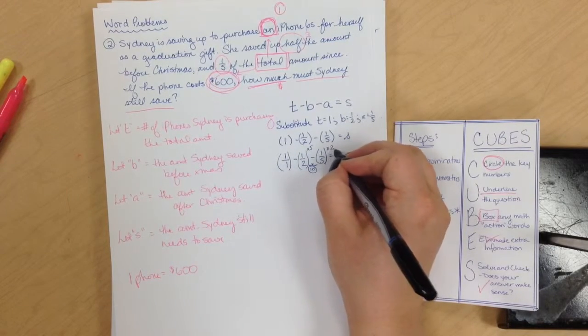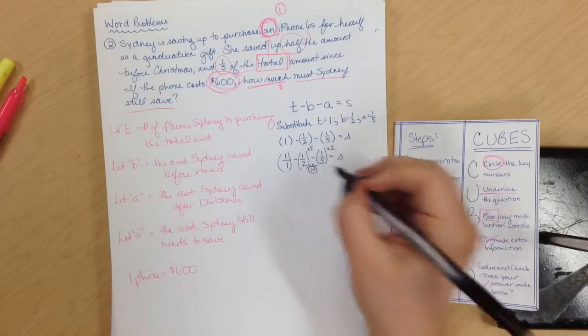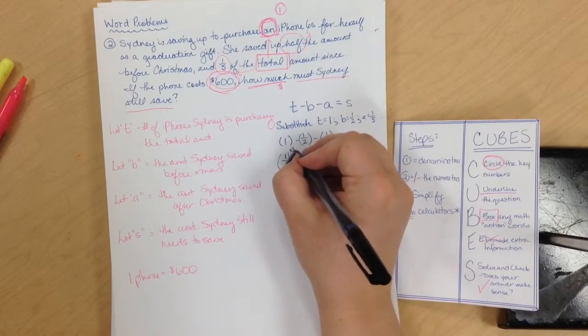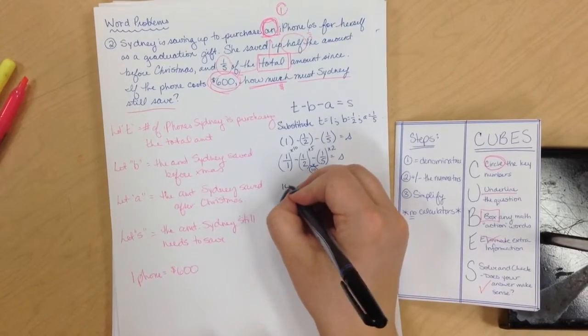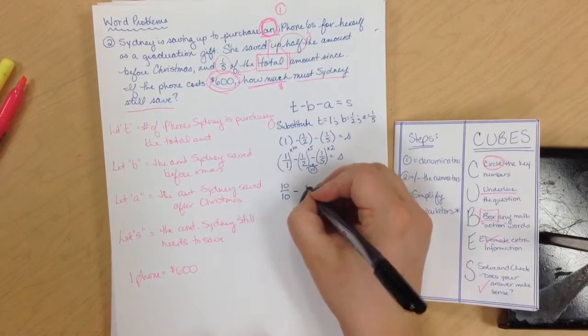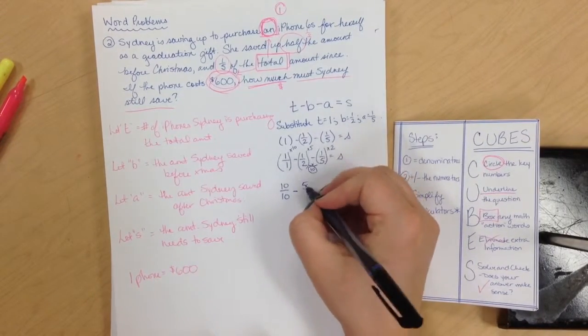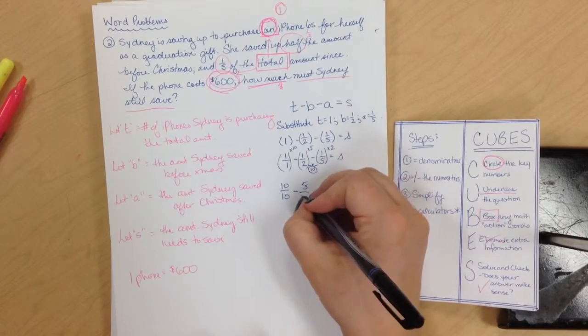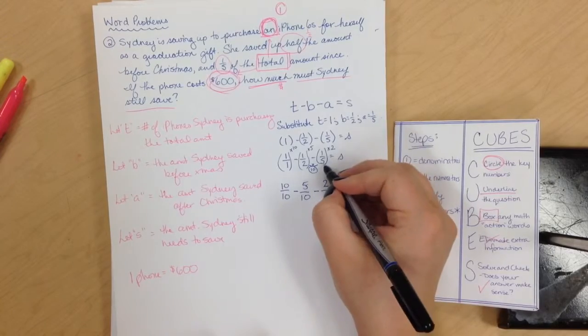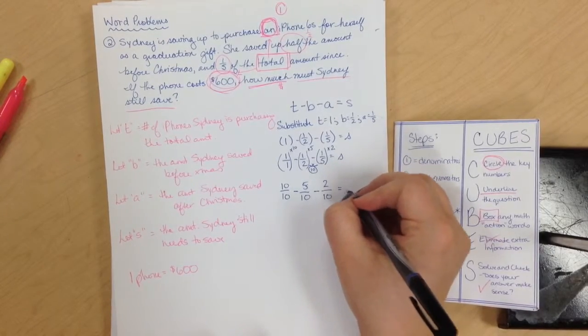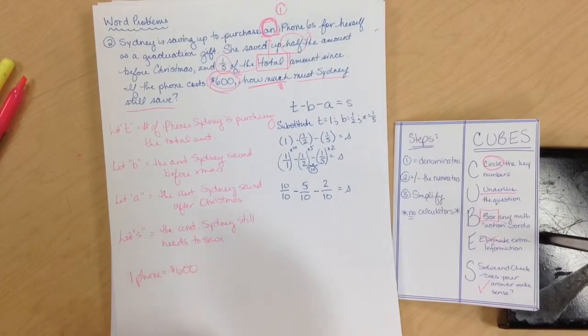This fraction I'm going to multiply by 2 to get denominators of 10. My 1 I'm going to times by 10 to get a denominator of 10. So I now have 10 over 10, subtract 1 times 5 is 5, over 2 times 5 is 10, subtract 1 times 2 is 2, over 5 times 2 is 10 equals the amount she still needs to save.